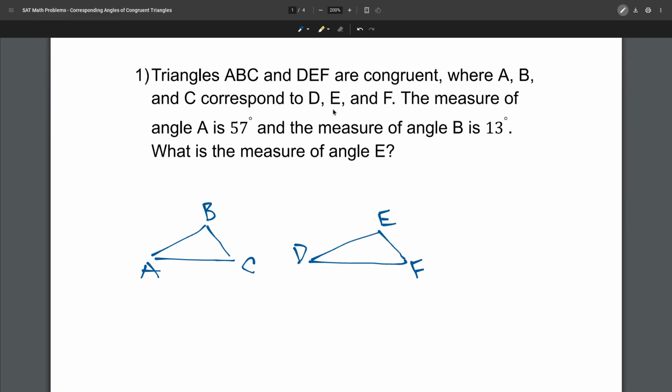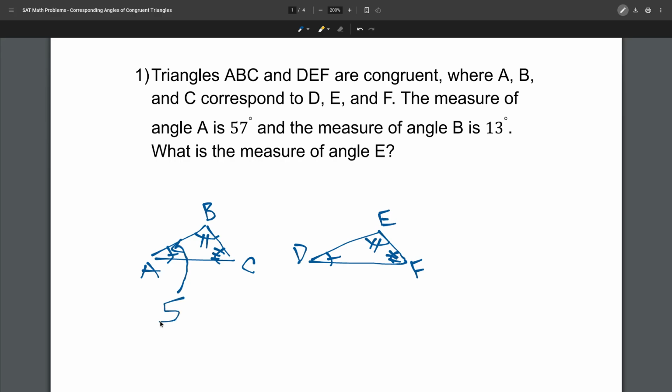A, B, and C correspond to D, E, and F. So A is congruent to D, B is congruent to E, and C is congruent to F. The measure of angle A is 57 degrees.